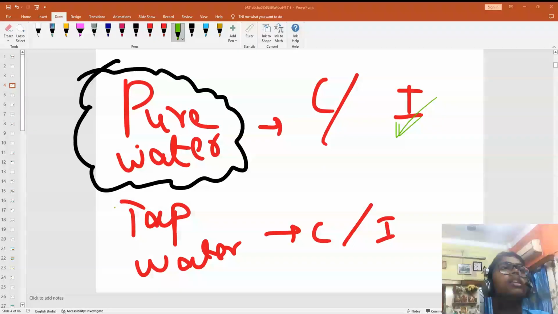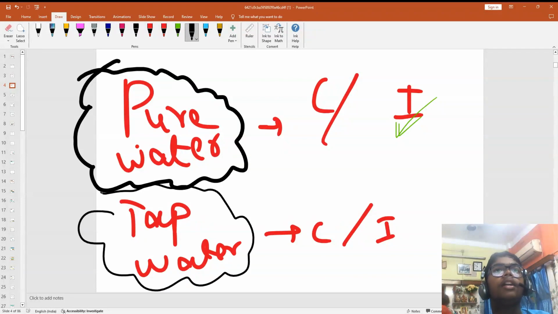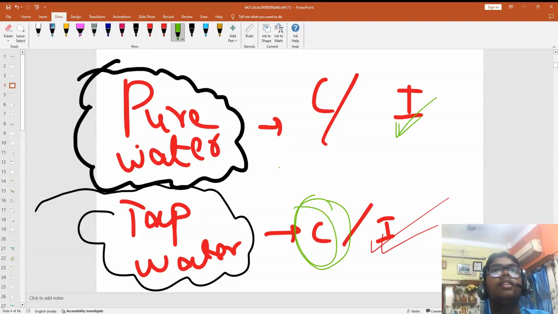But for tap water, guys, you have made a mistake. You marked insulator, and that is the wrong one. The correct one is conductor.